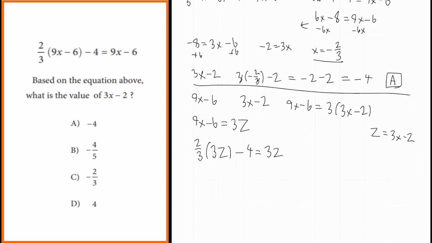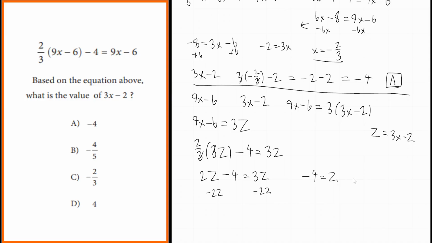Once again, we can cancel out this 3 with this 3, and we get 2z minus 4 equals 3z. If we subtract 2z from both sides, we end up with negative 4 equals z.